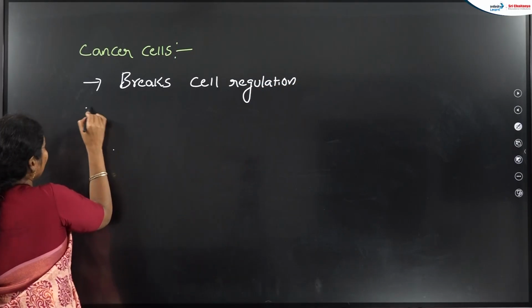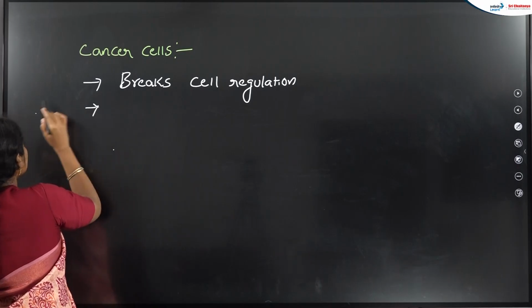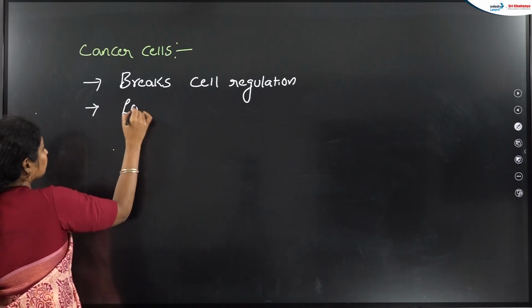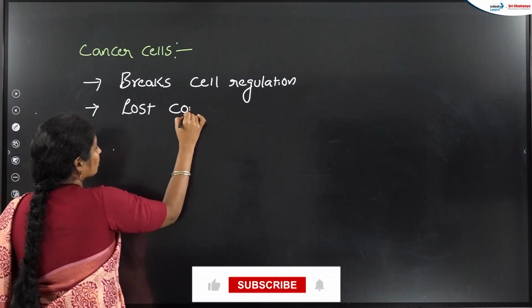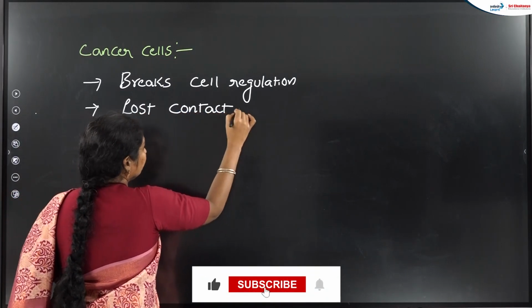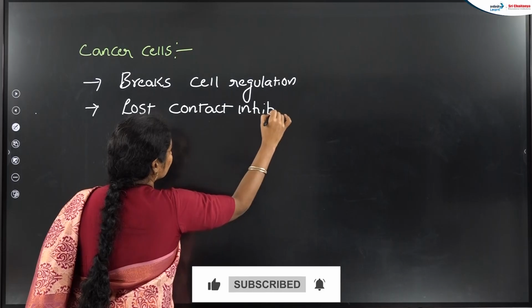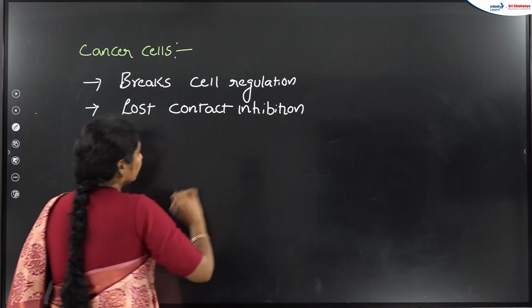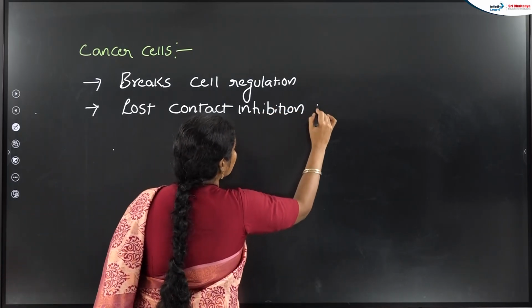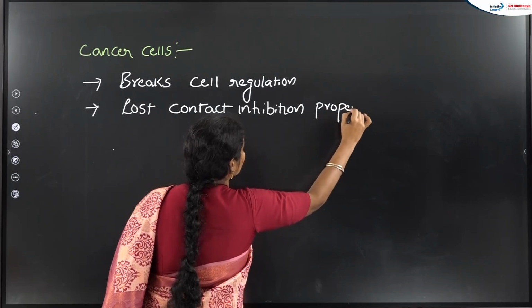The next important property is that these cancer cells lose the contact inhibition property. Normal cells follow contact inhibition, but these cells lost it.